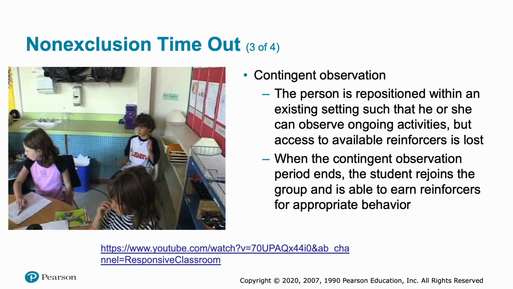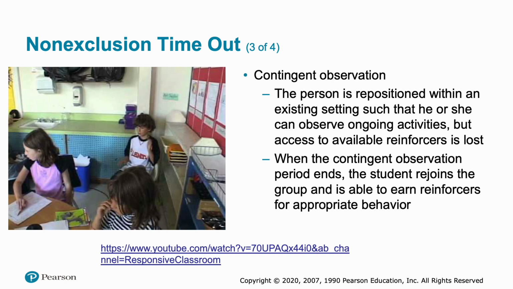Contingent on a student engaging in problem behavior, she would have them go sit at that desk next to hers. This is an example of contingent observation because that individual is still placed in the room, so they're still able to see the activities that are going on. They're just not able to participate in them.